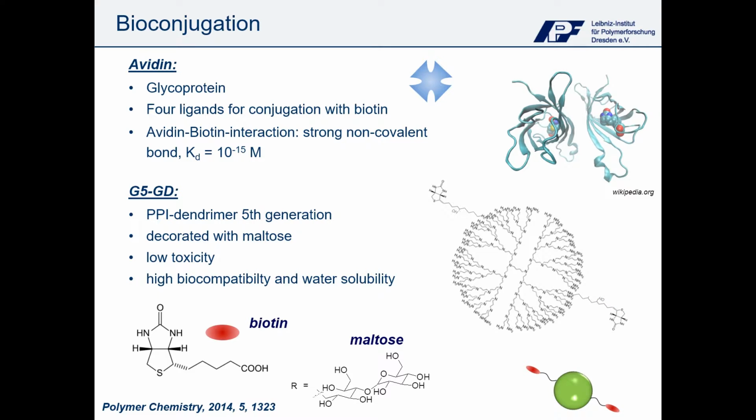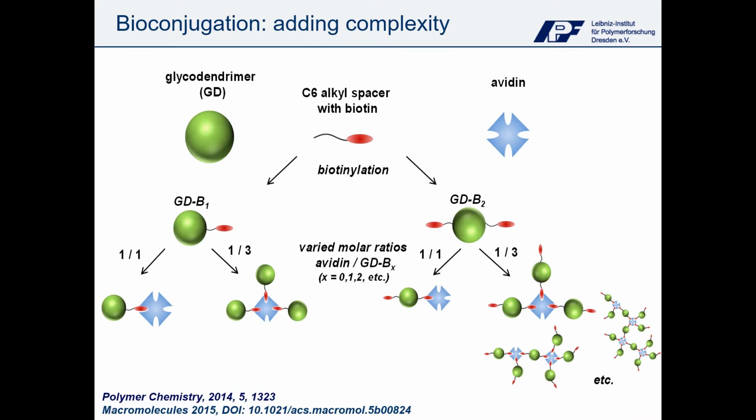Biotin is well known to interact very strongly with avidin, in the strongest known non-covalent interaction. By combining dendrimers with a different amount of biotin units, 1 or 2, with different amounts of avidin, we expect to obtain bioconjugates with tuned structure.